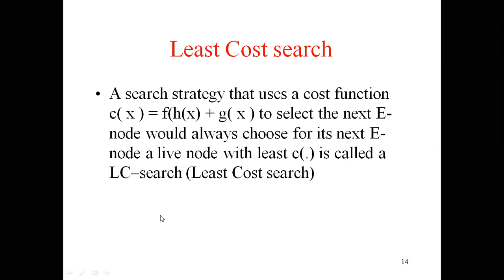I think all of you understand what a least cost search is. What we are doing here is selecting the next E-node, always choosing a live node with least cost. Least cost live node we are always selecting. So this is called a least cost search.